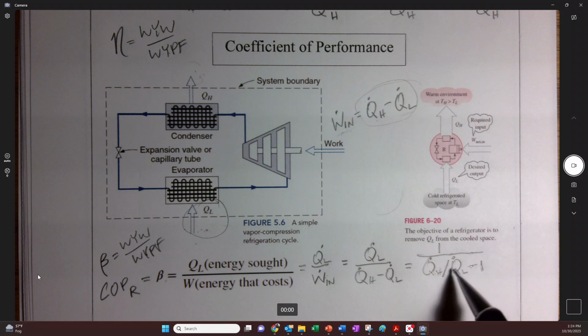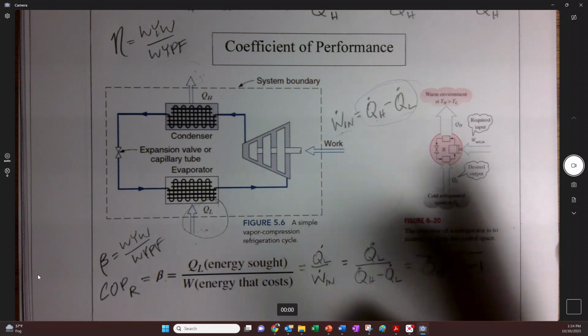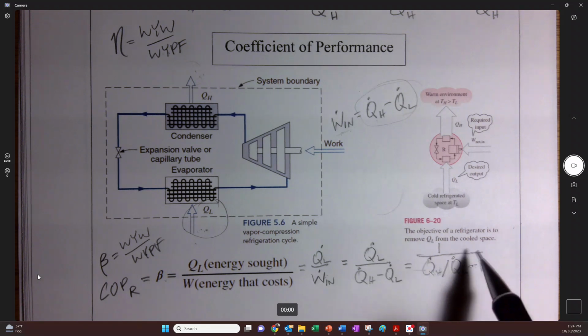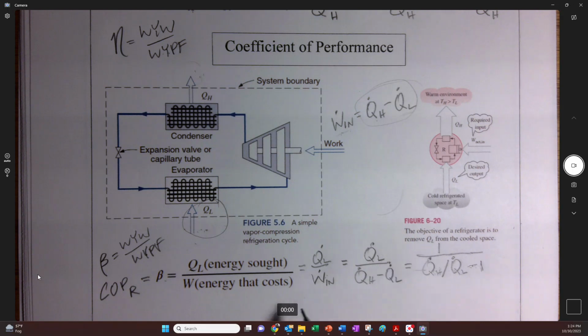If they were the same and you had 0 in the denominator, it wouldn't do any good for you. But this is always going to be larger than that right there. So therefore, this is going to be how well you did. And you could have values greater than 2, as much as 4, maybe even higher for this as typical.